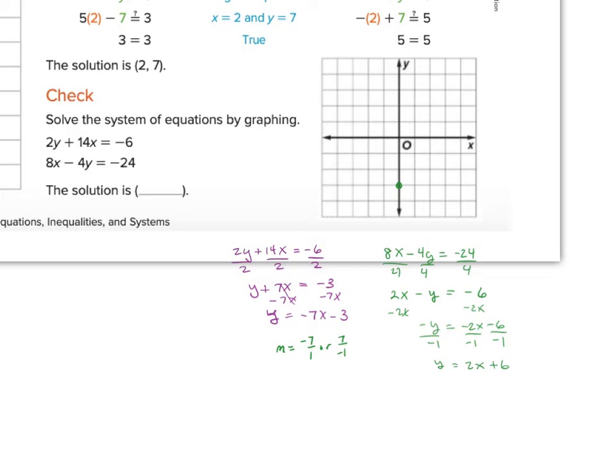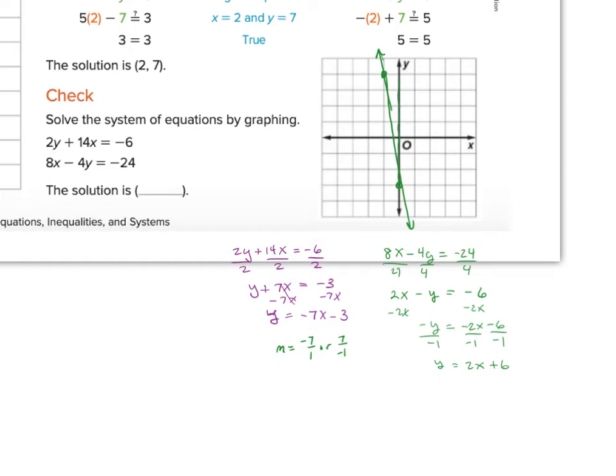So I want to go up here, so I'm going to go positive 7, 1, 2, 3, 4, 5, 6, 7, -1. So right there is going to be my line. I didn't connect that very well, did I? Something like that.